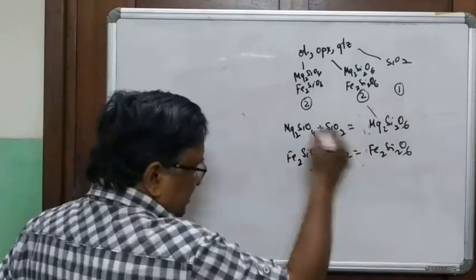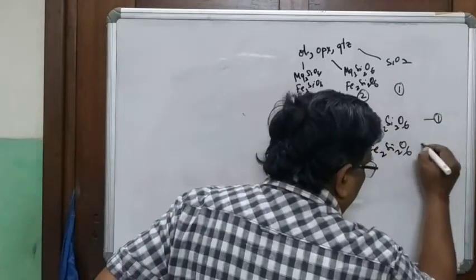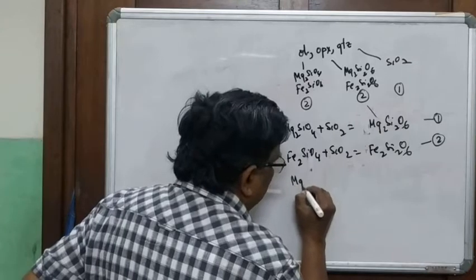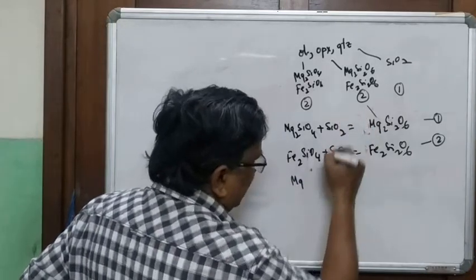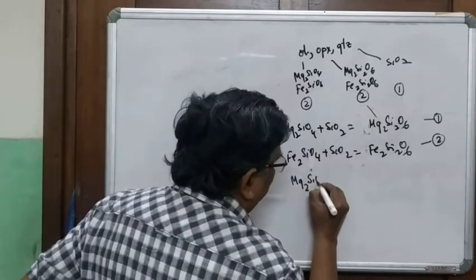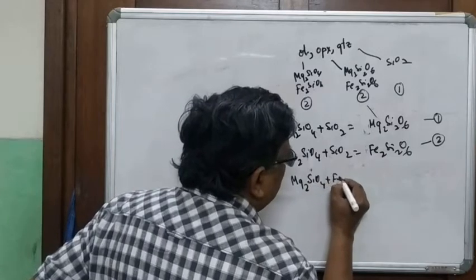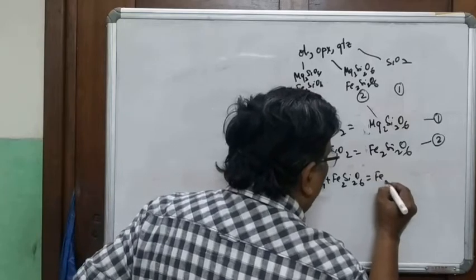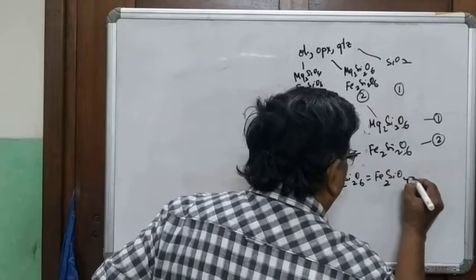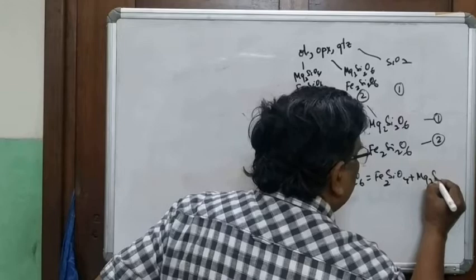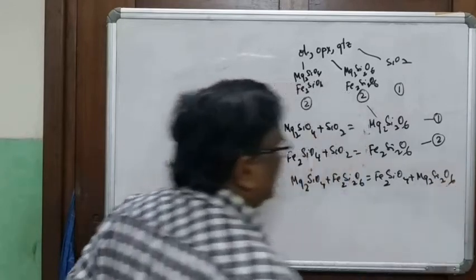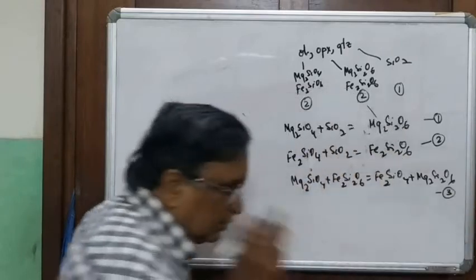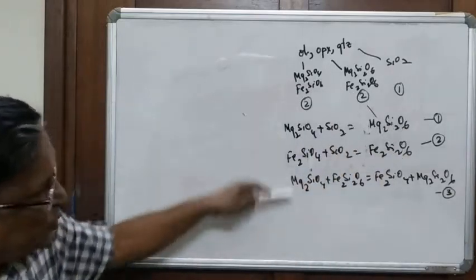Or you can take 1 and subtract 2 so that quartz is taken out. You get Mg2SiO4 plus Fe2Si2O6 is equal to Fe2SiO4 plus Mg2Si2O6. So that's reaction 3.